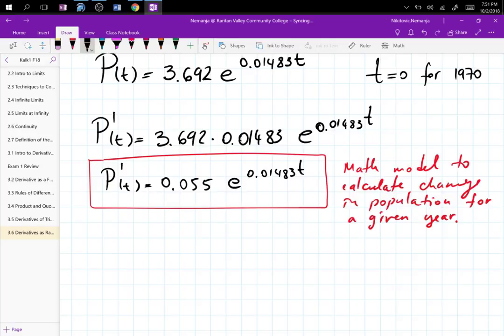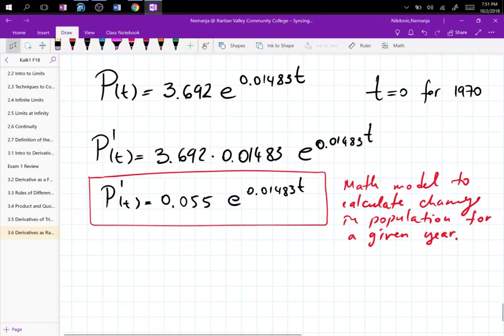Now, which year should we look at? Which year we should look at? 2005, okay. So you still prevail in some sense. How many people did we add in 2005?